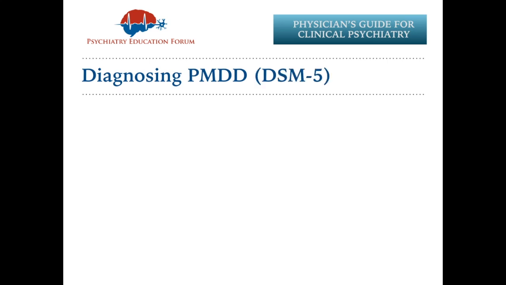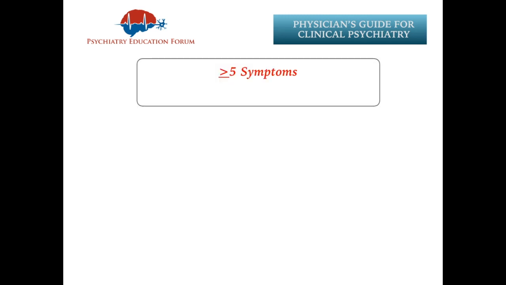Now, how do we diagnose PMDD? I will be summarizing the criteria as mentioned in DSM-5, but I have made some diagrams here to make it simpler and easier for everyone to ask these questions of every patient that we suspect of having this diagnosis. So, first, how many symptoms are needed? At least 5 symptoms are needed in the majority of the menstrual cycles.